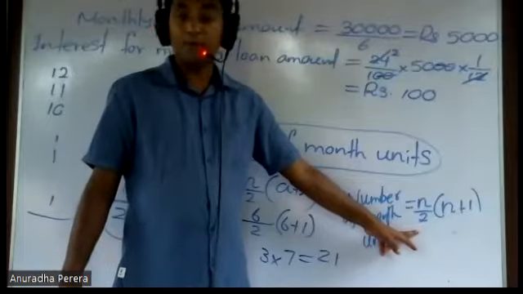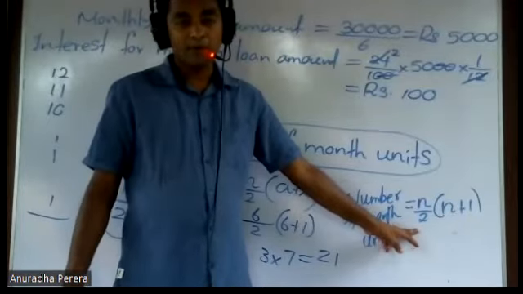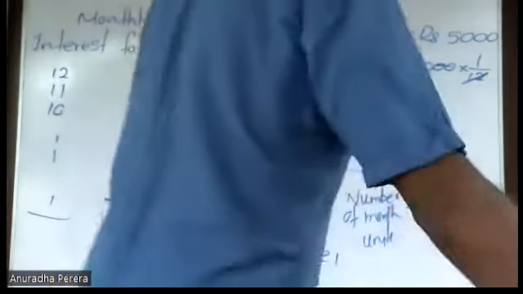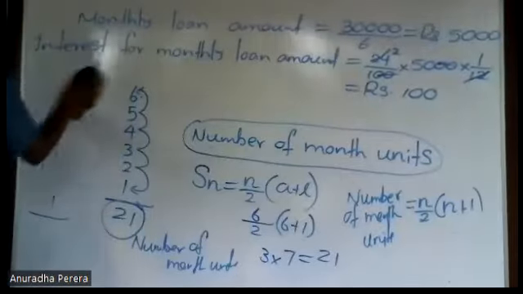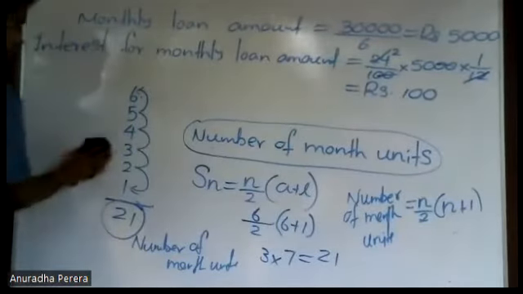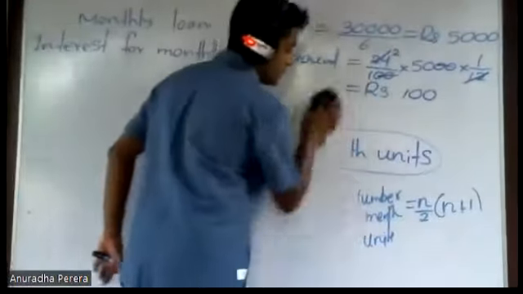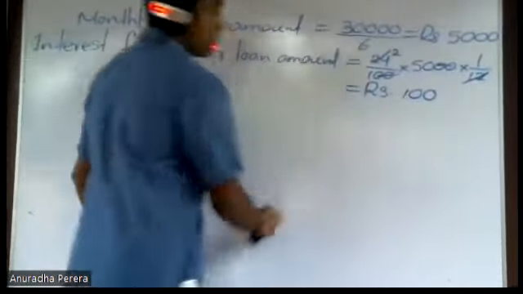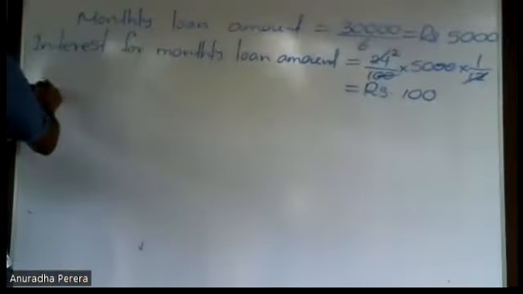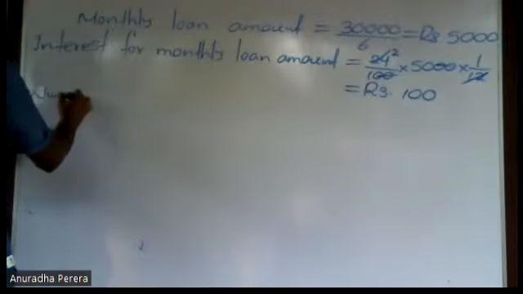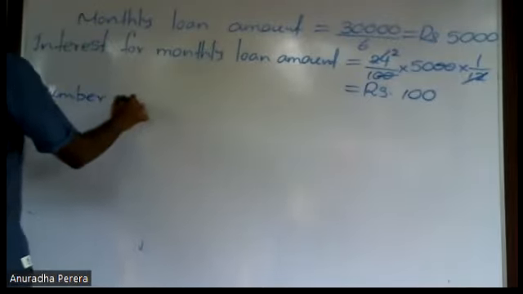N over 2, n plus 1. What is n? Number of installments, right? Then we can determine number of month units.